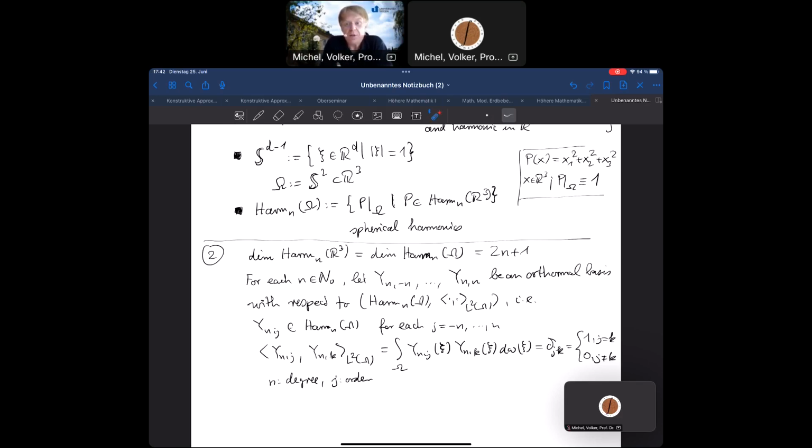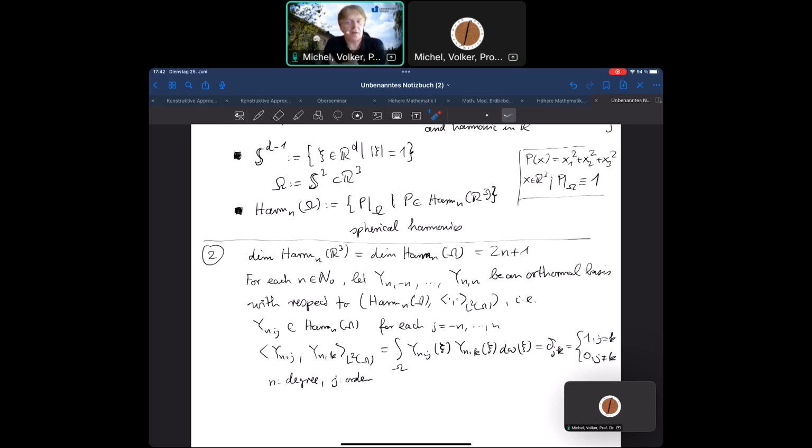So much about this. So we have these 2n+1 functions, and they require that they're orthogonal to each other. Now, orthogonality implies linear independence. An orthogonal system is always linearly independent. It's not vice versa, but we don't need the other direction. So we have an orthogonal system, and this is automatically linearly independent.